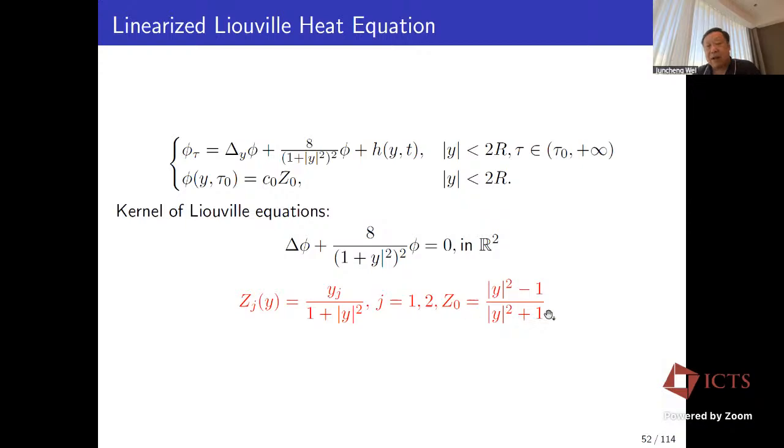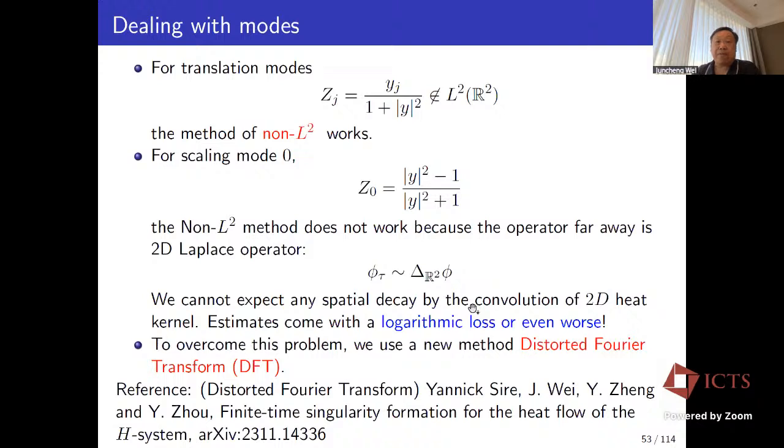So you have a kernel which is just bounded. For the translation mode, we have some decay, so we can use the non-L2 theory, like in dimension 4.